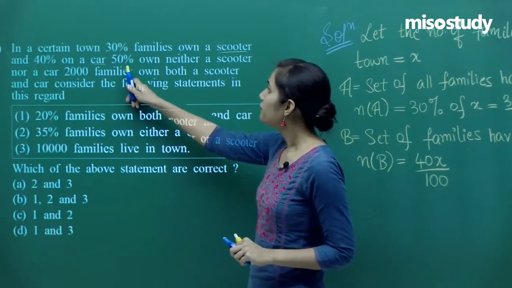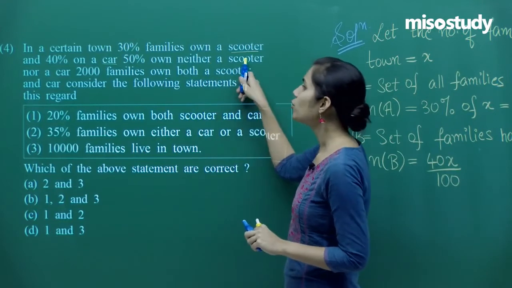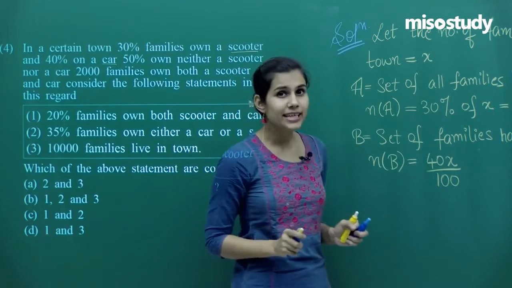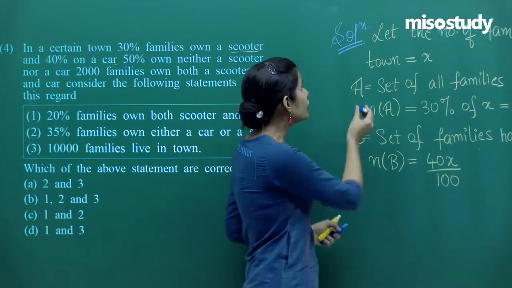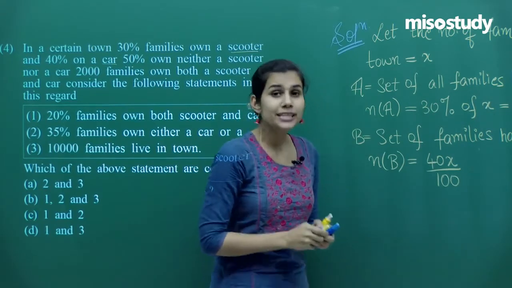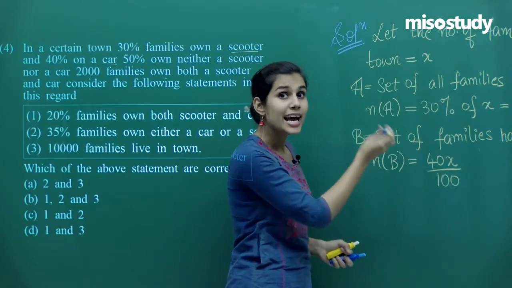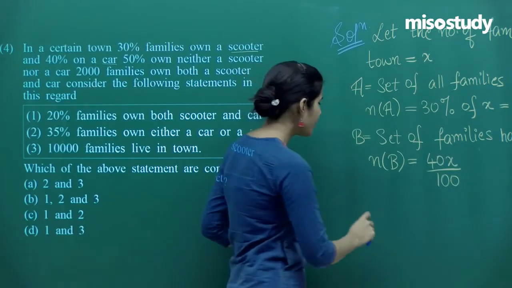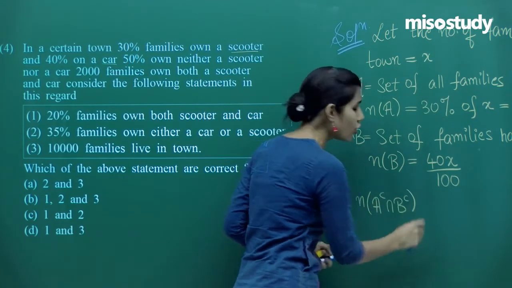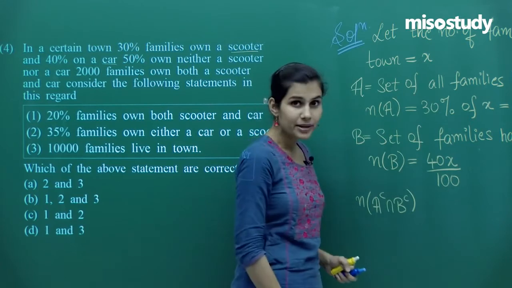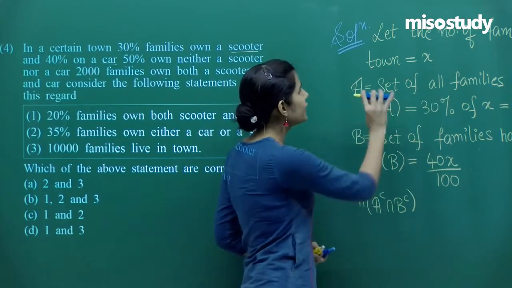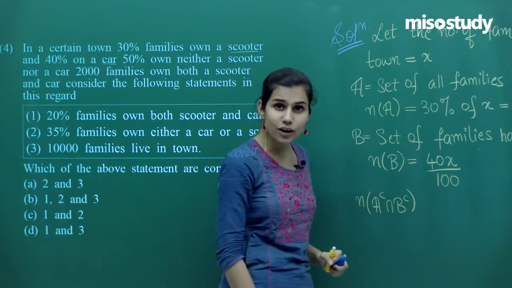Then it is saying 50% own neither a scooter nor a car, which means 50% families out of the total families are not in set A and not in set B. That means they are in A complement and in B complement. Therefore, the number of members in A complement intersection B complement is actually the number of families who are not in set A and not in set B, which means they don't have a scooter and they don't have a car also.